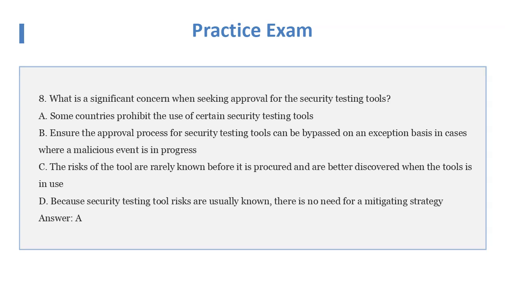C. The risks of the tool are rarely known before it is procured and are better discovered when the tool is in use. D. Because security testing tool risks are usually known, there is no need for a mitigating strategy. Answer: A.